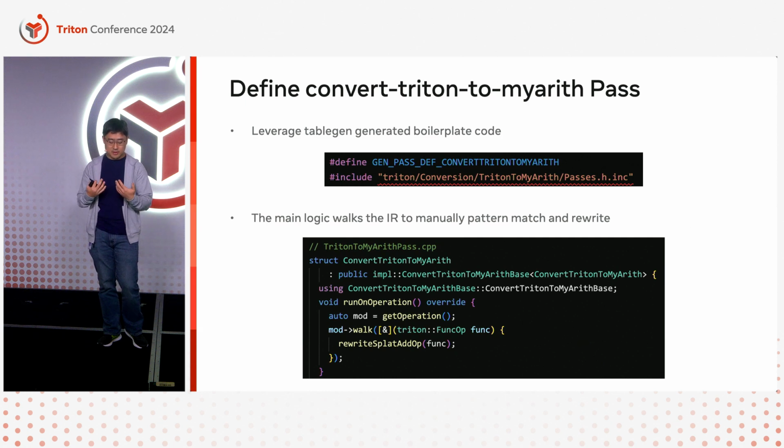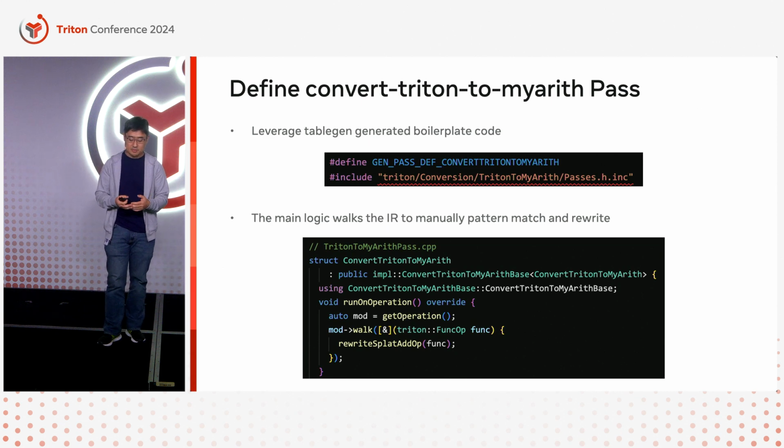You can see we call getOperation to grab the module op, or the root op of the program, and then we can walk this recursively structured IR and call our rewriteSplatAddOp only on Triton FuncOp, which, as you might remember, is the function operation that encapsulates our entire program.